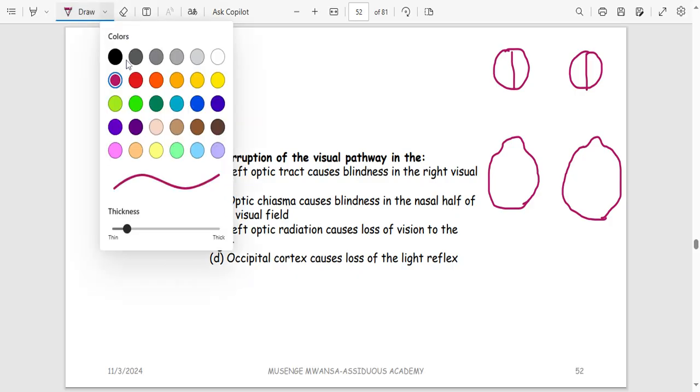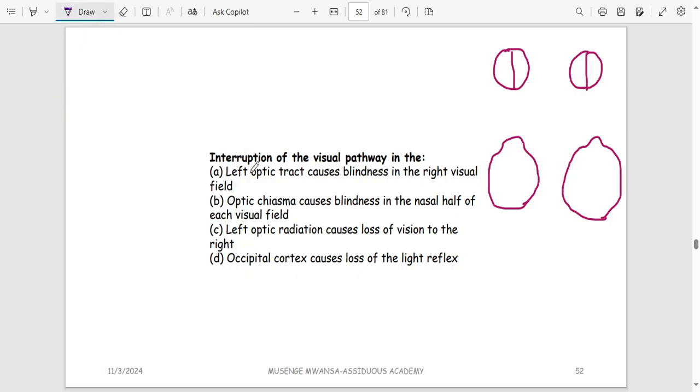So looking at option number one, it is saying left optic tract. Now we know the optic tract is gone. So we are going to have information, let's say the one coming from this side, from the temporal visual field on the left eye. This is going to be the right.